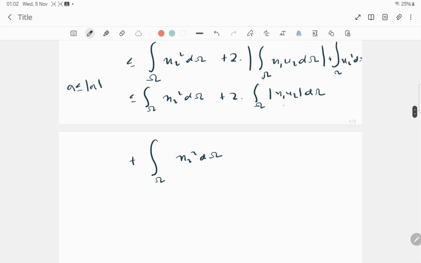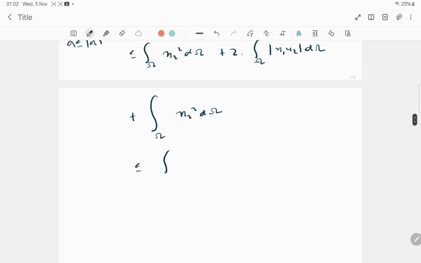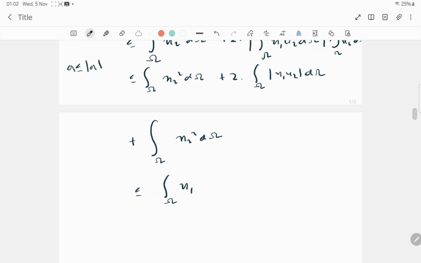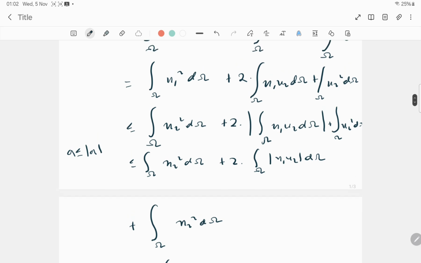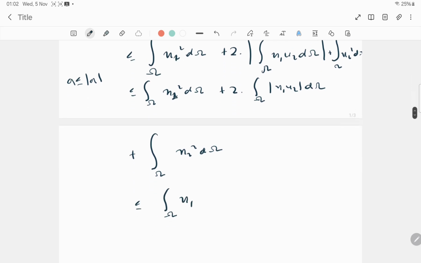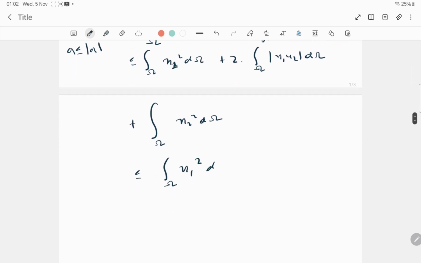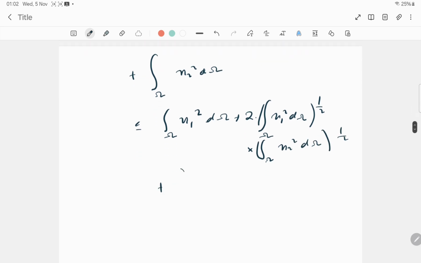Now for the second term we're going to use the Cauchy-Schwarz inequality. It's going to be the integral over omega of U1 squared d omega plus 2 times the integral over omega of U1 squared d omega to the power of a half, times the integral over omega of U2 squared d omega to the power of a half, plus the integral over omega of U2 squared d omega.